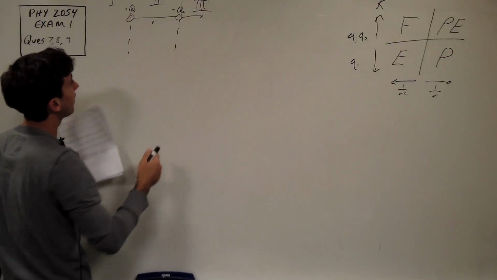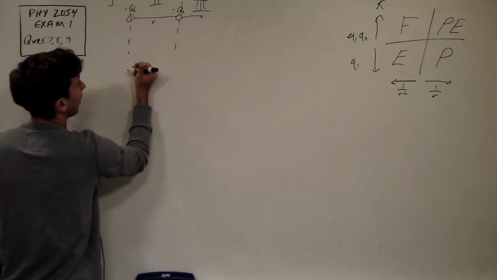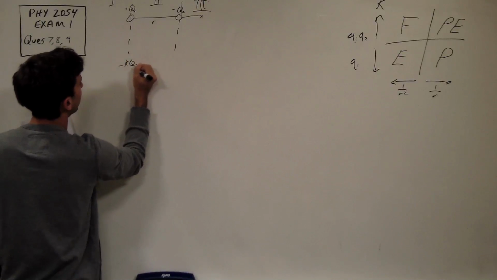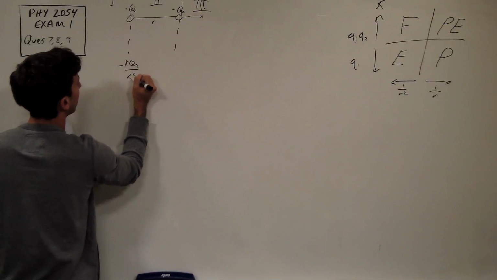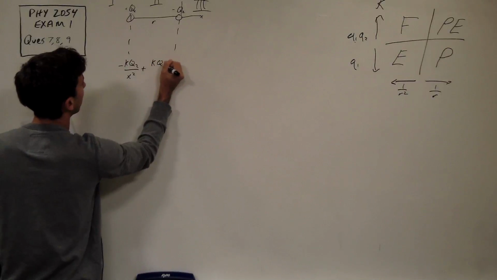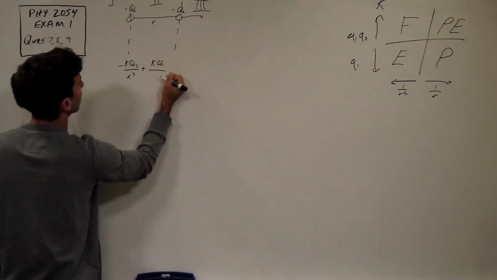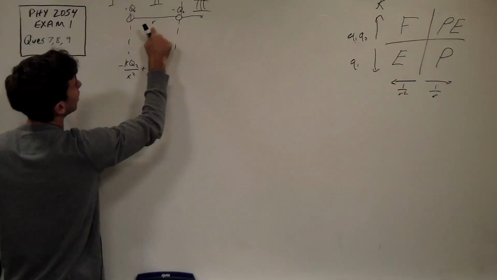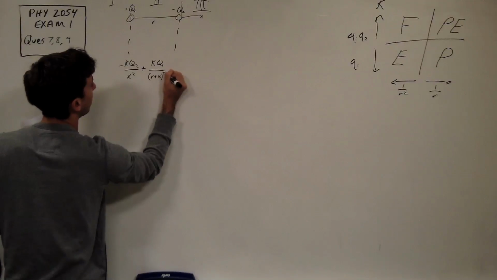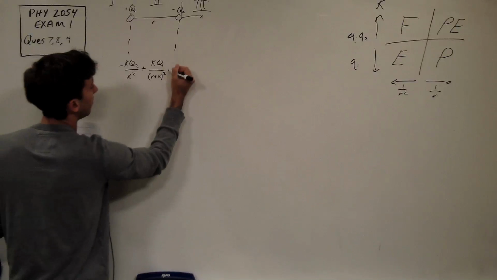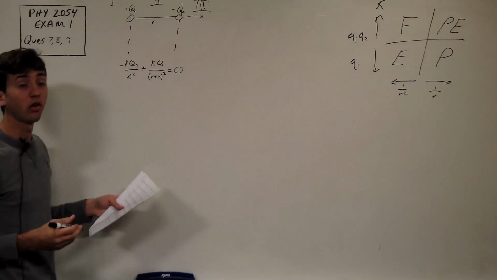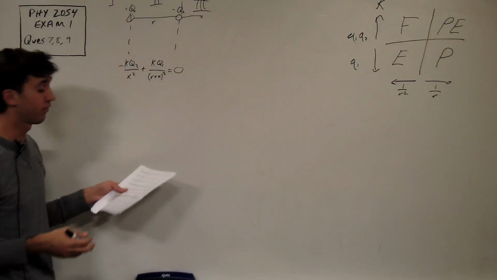And now the electric field at point x is equal to minus kQ2 over x squared plus kQ1 over, now this distance is r plus x, quantity squared. And we want that to be 0. From there, you plug in numbers and you solve it.